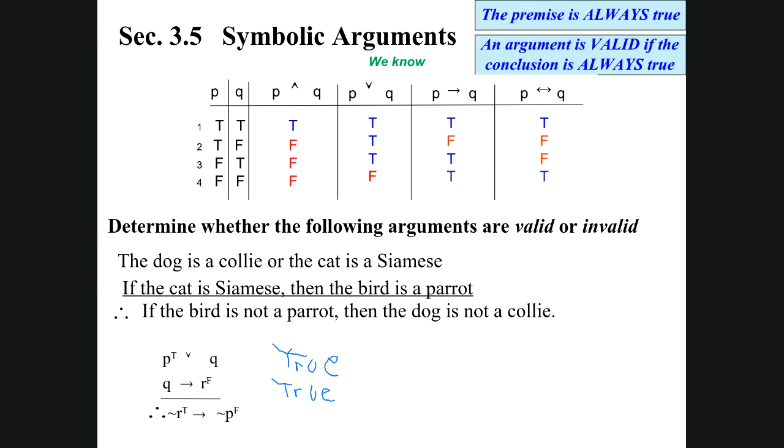Q has to be false, because true then false is a false statement. So Q has to be false. I'll write this a little neater. And look at that. We kept the first premise true. We kept the second premise true. And we made the conclusion false. So if we can make that conclusion false, we know it's not a valid argument.